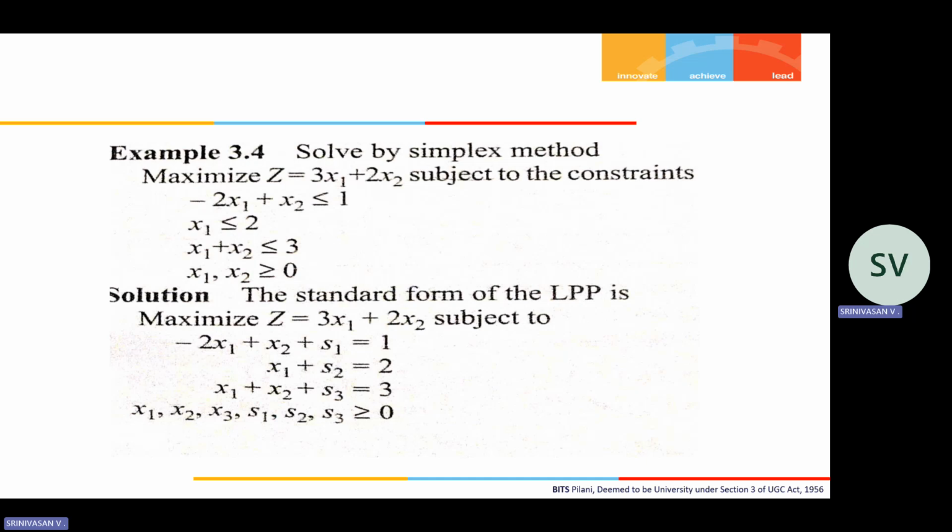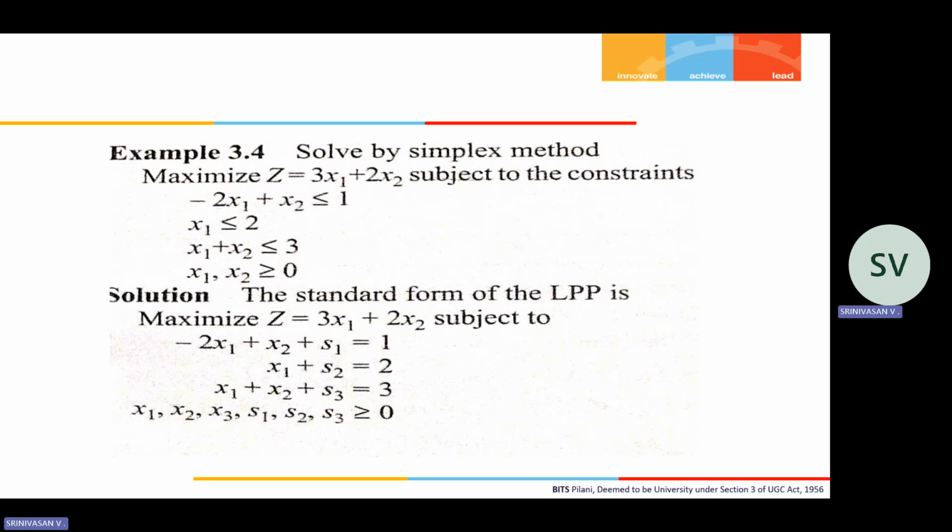So x1 plus s2. Don't write again as s1, because the 1, 2 are not anything reserved for slack and surplus. And as far as simplex, it is only slack variables. So in the first equation, when you write s1, in the second equation it is s2, because it's another variable, plus s2 equal to 2. Third constraint, x1 plus x2 plus s3 equal to 3. Well, the last one, don't make it an equation. Don't add any slack variables.